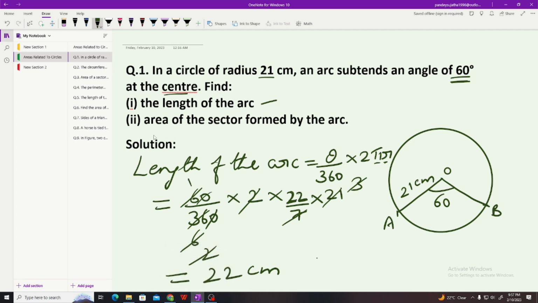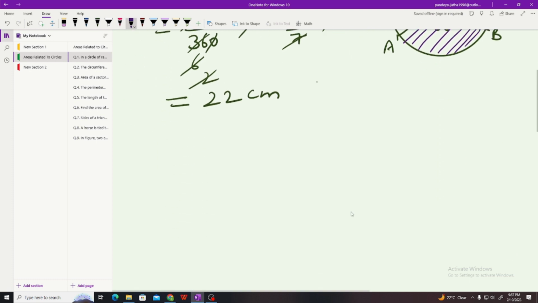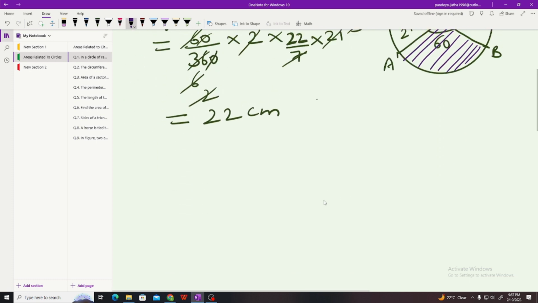So see the second part. Area of the sector. We need to find the area of the sector formed by the arc. We need to find this area. So you all know the formula of area of sector.